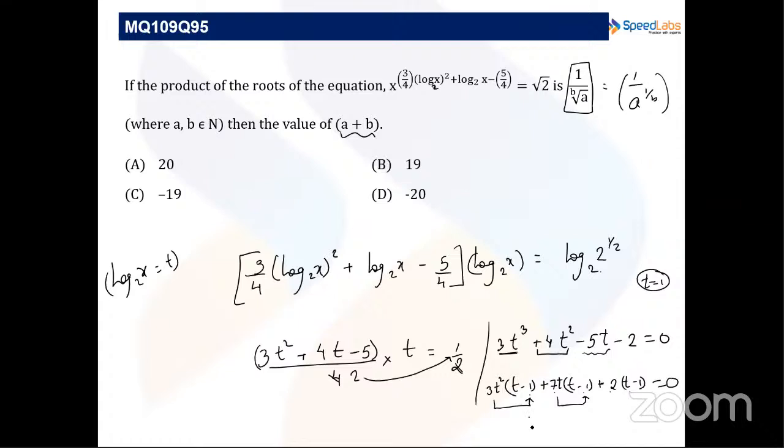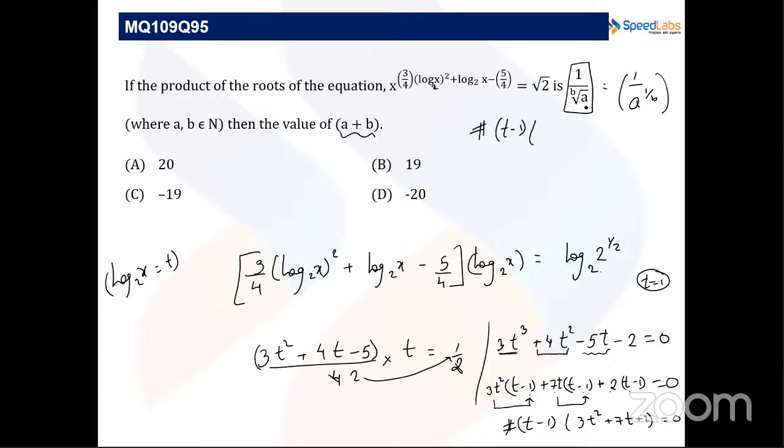Now if you take t minus 1 common, you are having this equation 3t square plus 7t plus 2 equals to 0. Now if you simplify this equation, you would be getting t minus 1, and 7 you can rewrite as 6 plus 1.